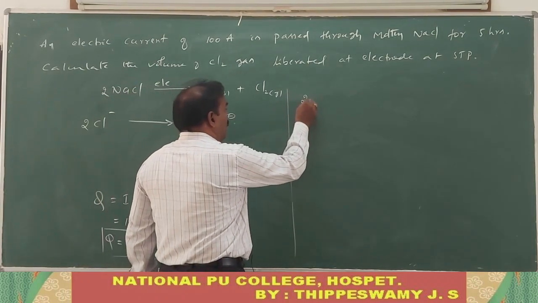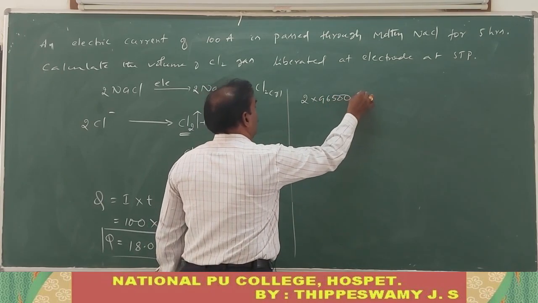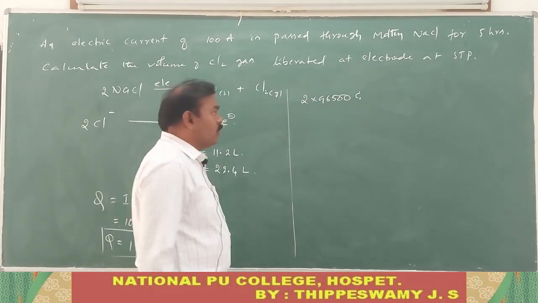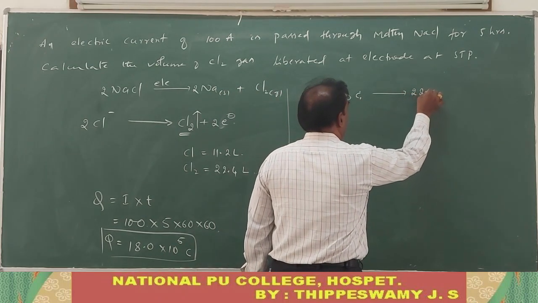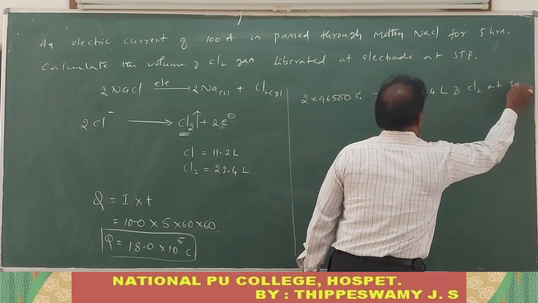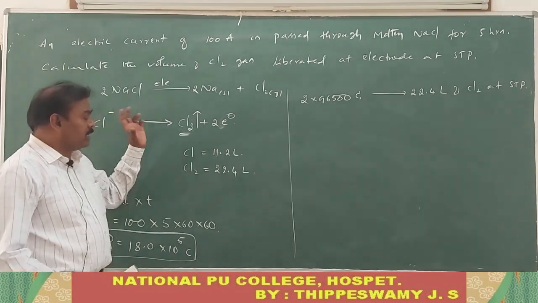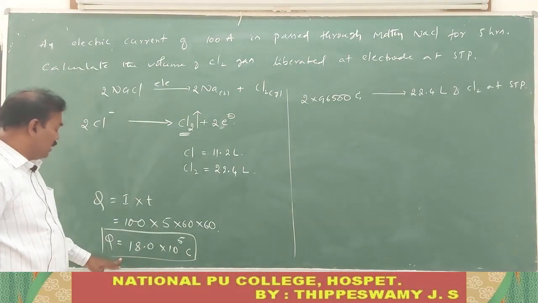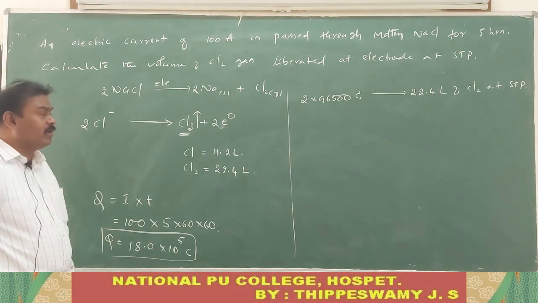So here 2 moles of electrons means we can take 2 into 96,500 coulombs. 2 into 96,500 coulombs corresponds to 22.4 liter of chlorine at STP. But in the numerical it is given that Q is equal to 18.0 into 10 to the power 5 coulombs.